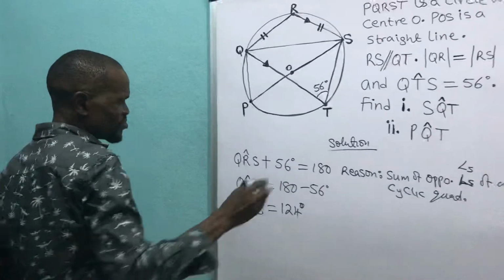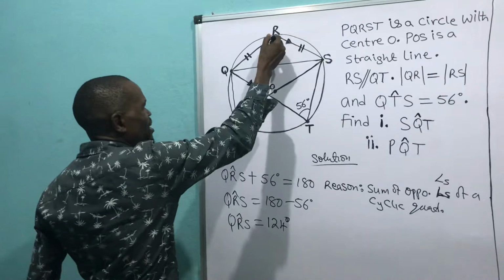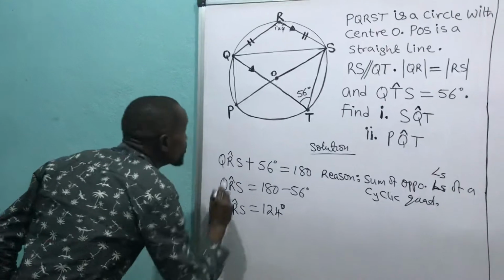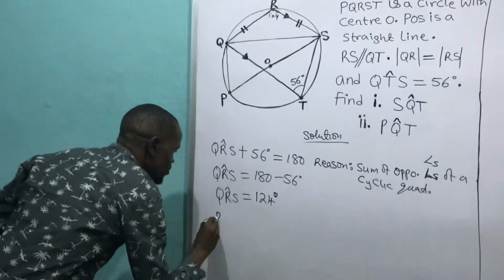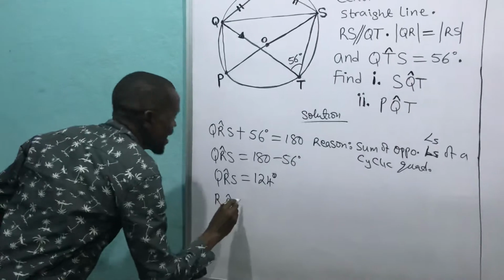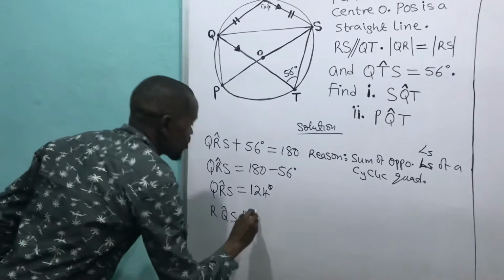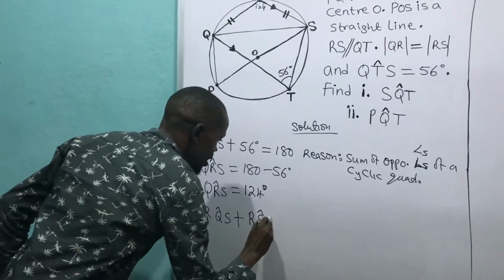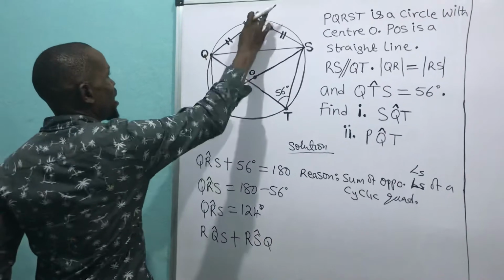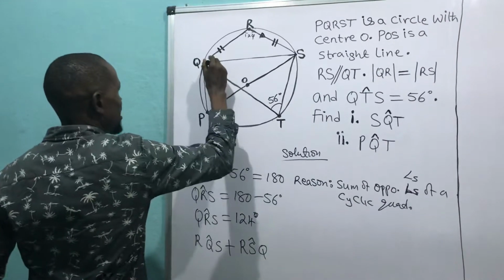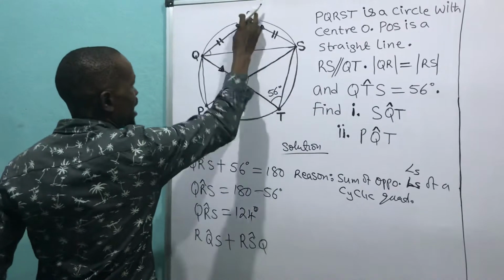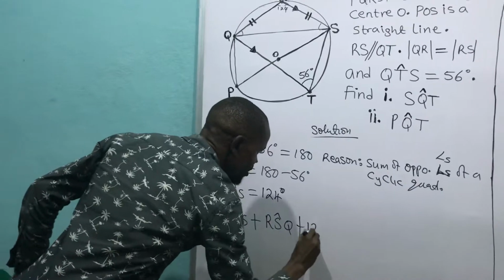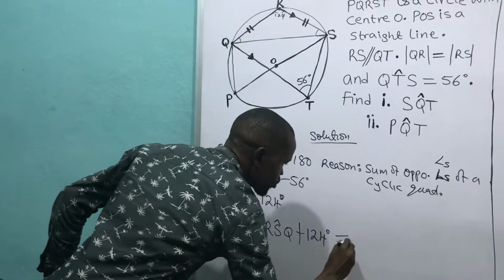Let's move on. Now I look at it, this angle is 124. I can now say that angle RQX plus angle RXQ, which is this angle, plus 124 degrees is equal to 180.